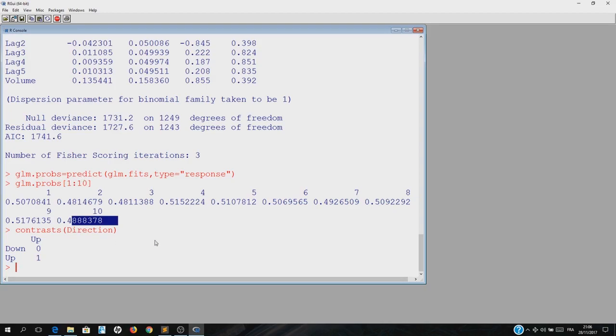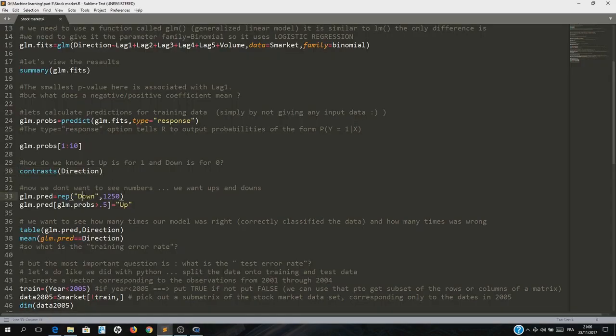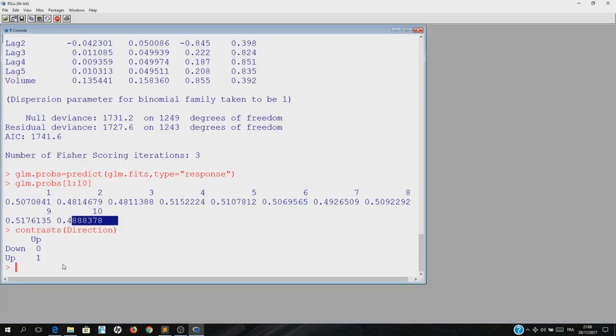So now we know that. Let's try to show it as up and down rather than in numbers like that. So let's first create a long vector of 1250. How did I know that it's 1250? Simply see how long it is with the dimension, dim, of directions.